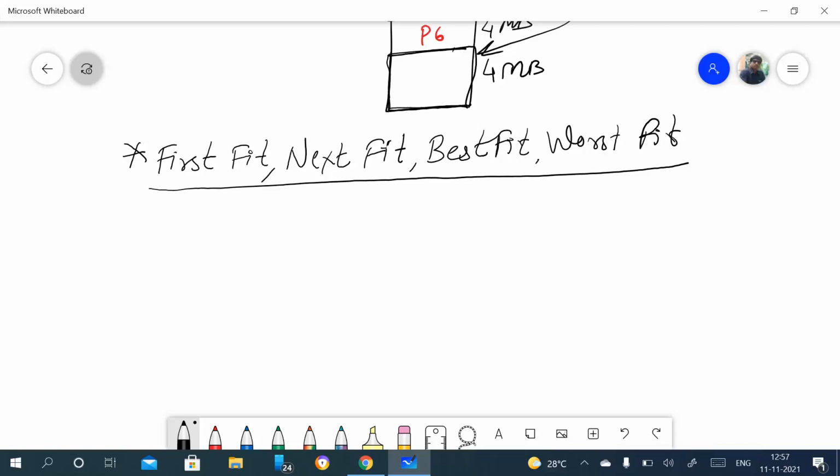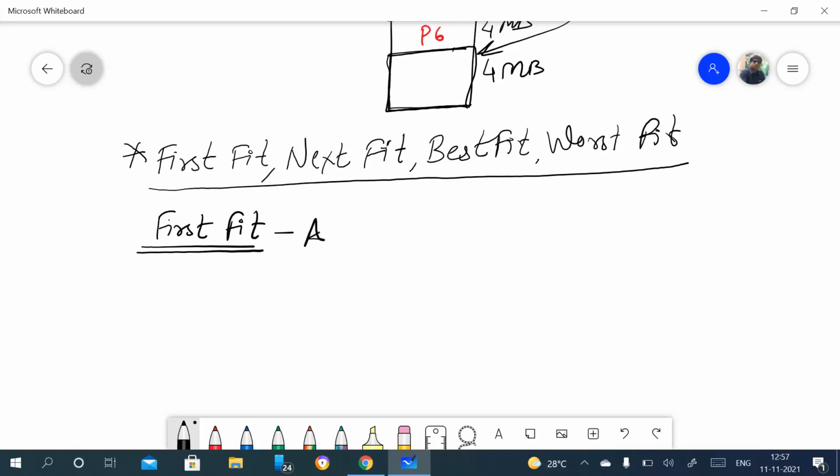If you consider first fit, suppose one process is there like P1, that P1 process will be kept in the first slot. We allocate the first hole which is big enough to accommodate that process.